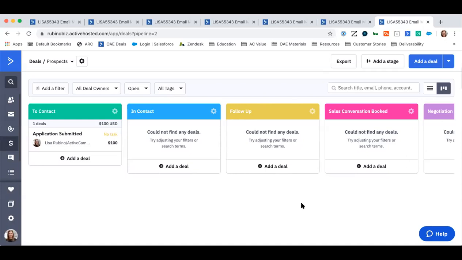This is of course built for sales, but maybe there's an application process for becoming a member, that can be here. Or maybe project management for events, things like that. The CRM can be used for a lot. It's completely customizable. You can customize the different labels here for the stages that are important for you.